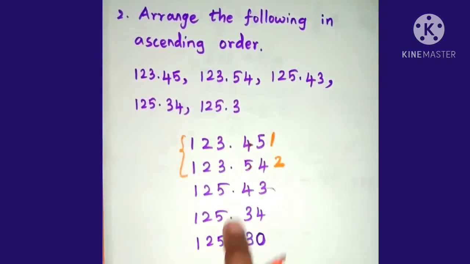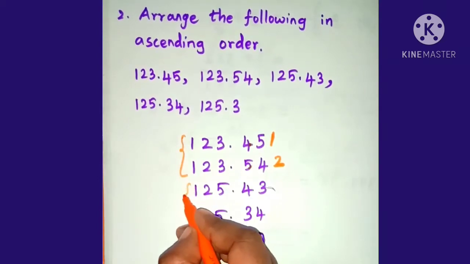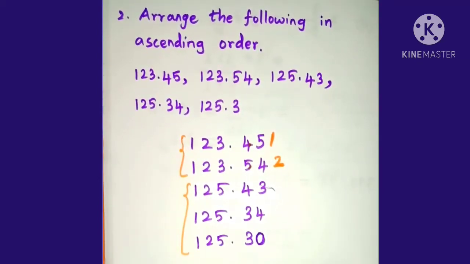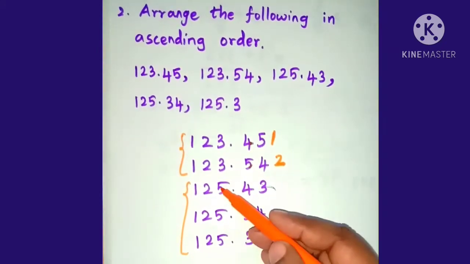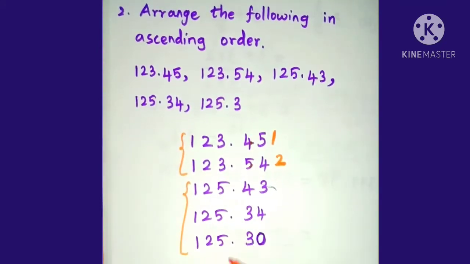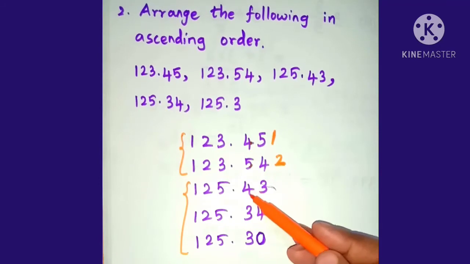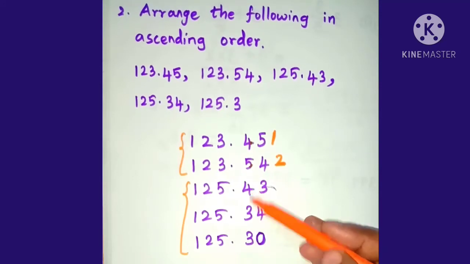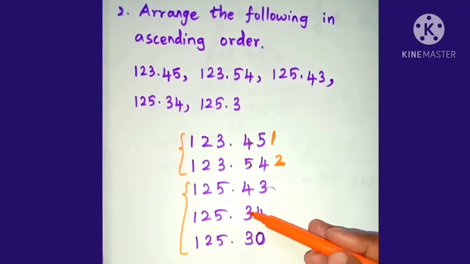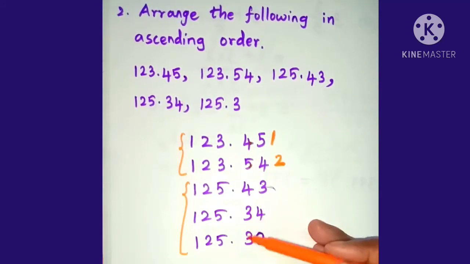And here coming to these decimal numbers with whole number 125, all the whole numbers are equal. So compare the 10th digit place. Here these two 10th digits are equal.